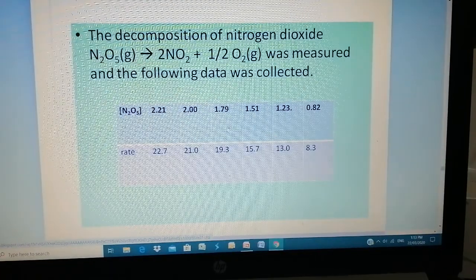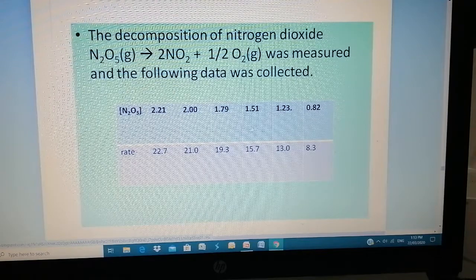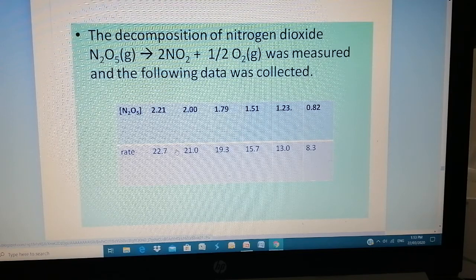Now we'll see the questions. Here the decomposition of nitrogen oxide is given, and the concentration and the rate are given. They are taking different concentrations of N2O5 and finding out the rate. We have to plot the graph, or in some cases they will give you the plotted graph.